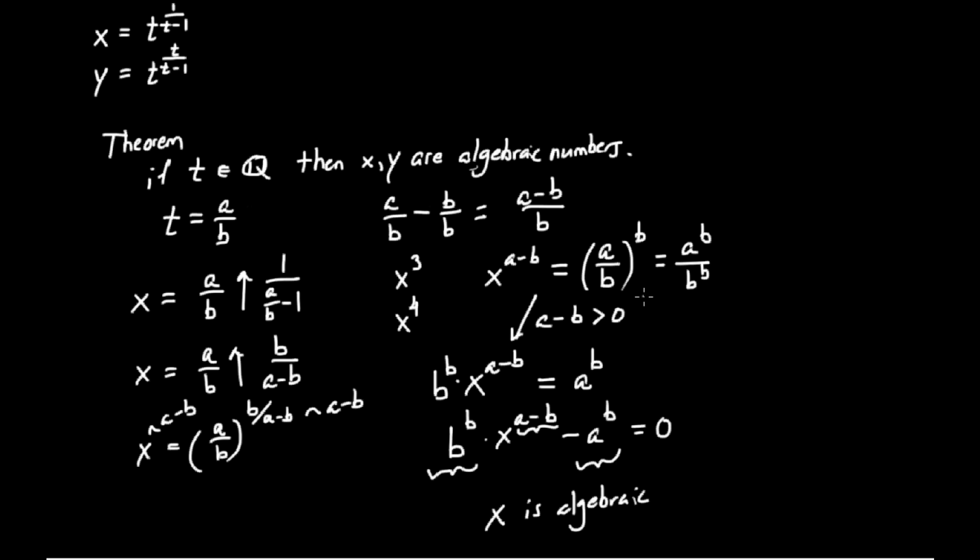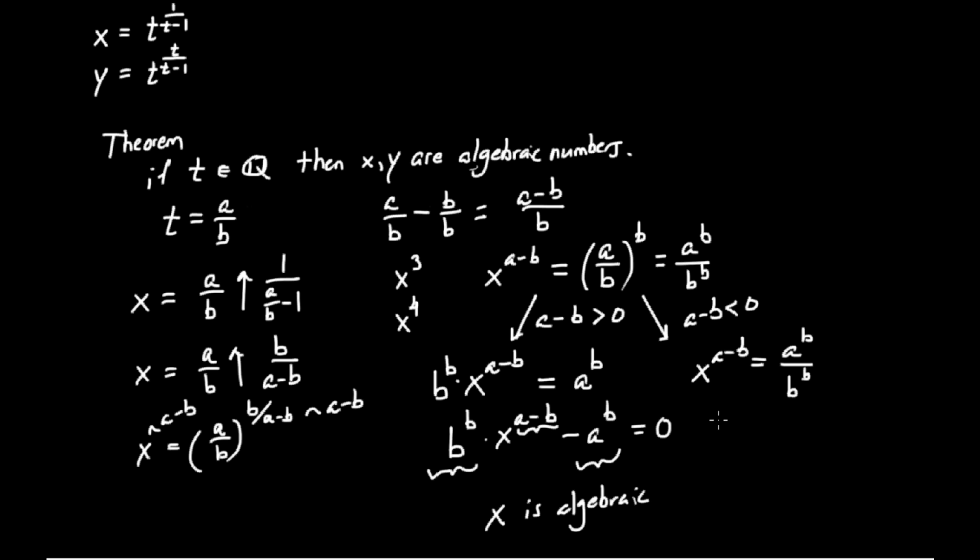And then this other case I have to worry about where a minus b is less than 0. It's very easy to show this. The only thing you're going to have to do is go back to this equation, that x to the a minus b power is equal to a to the b power over b to the b power. Now if this is a negative number here, to convert a negative exponent to a positive exponent, I just have to take the reciprocal of that.